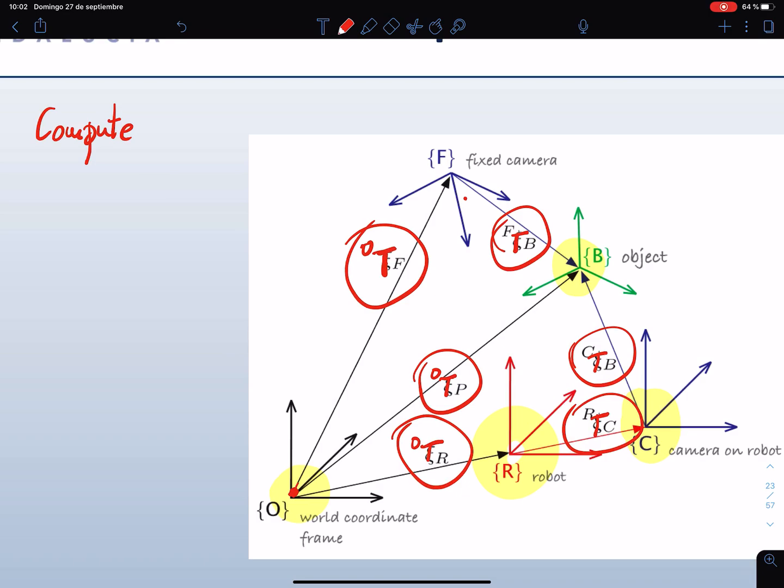That is, we are being asked how to compute, not with respect to the origin, sorry. We are requested to transform all coordinates to the robot coordinate frame. And how do we do that? So we have to compute all homogeneous transform matrices with respect to the R frame.